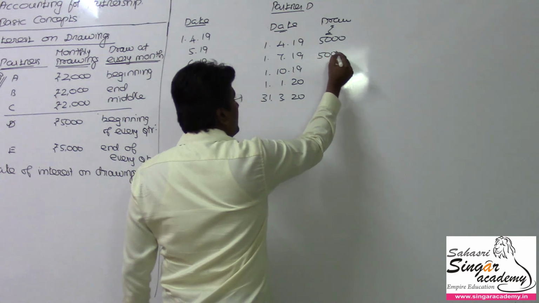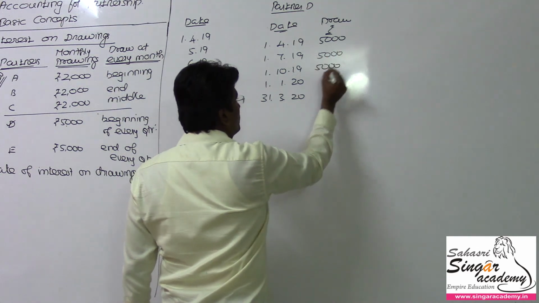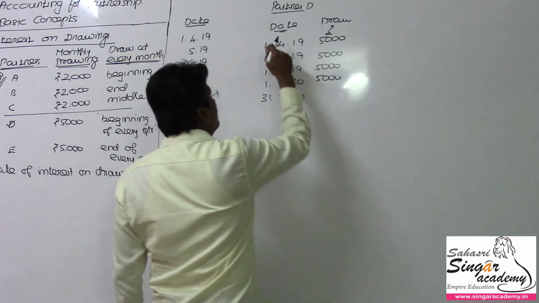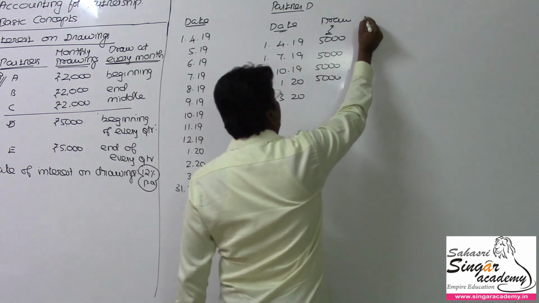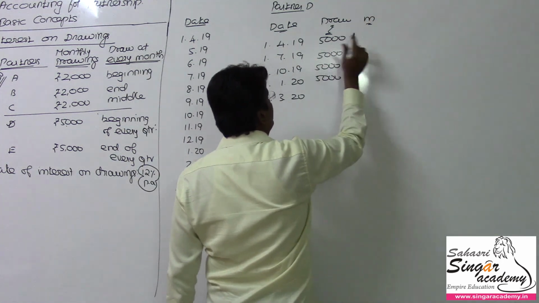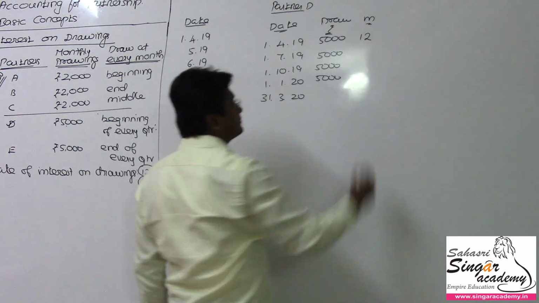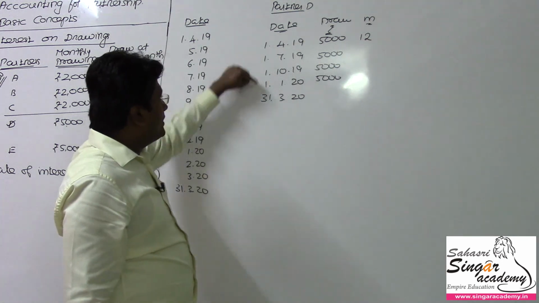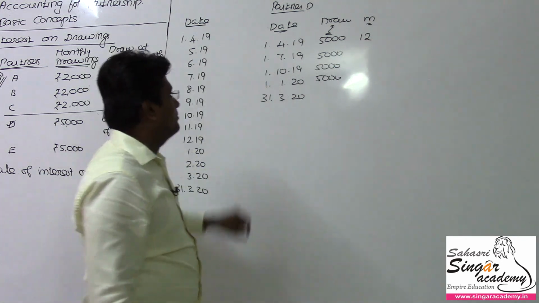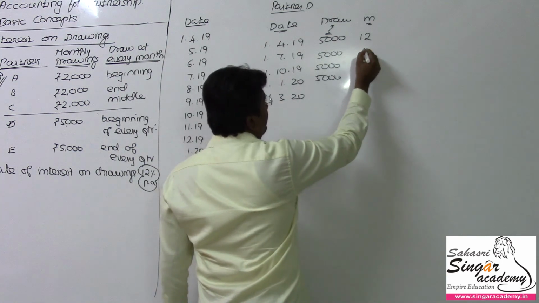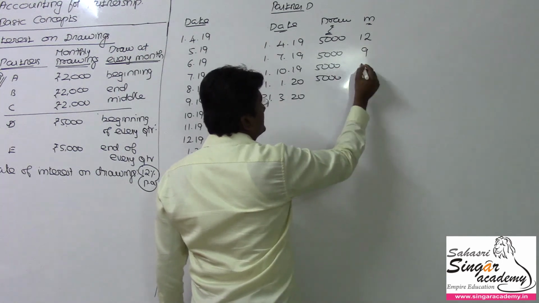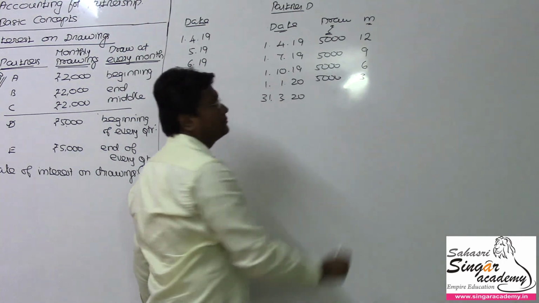This is the second drawing, this is the third, this is the fourth. The number of months meant for interest calculation for the first drawing is 12 months. The next one, from 1/7 to 31st March, is 9 months, and then it is 6 months, and 3 months.